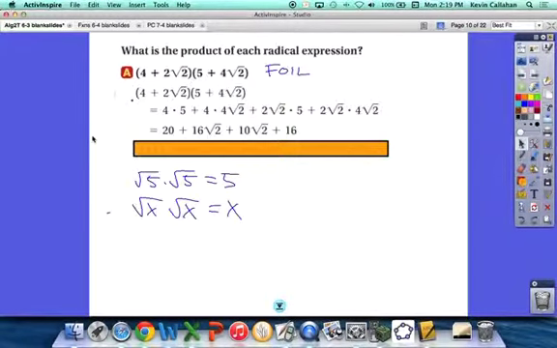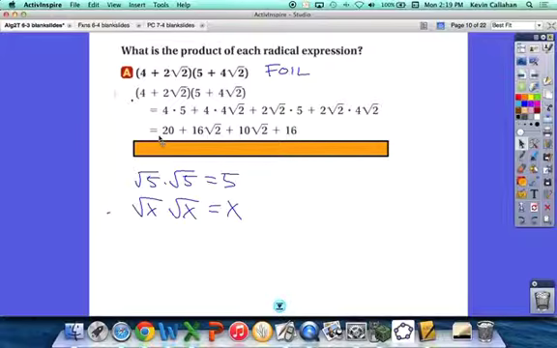they simplified along the lines of what we did. Maybe they didn't explain the last one very well, right? The 2 times 4 was 8. 8 times 2 is 16. Now you can simplify. You've got two radicals in there, 16 root 2 plus 10 root 2. Those are like radicals. So how many root 2's are there? 26.